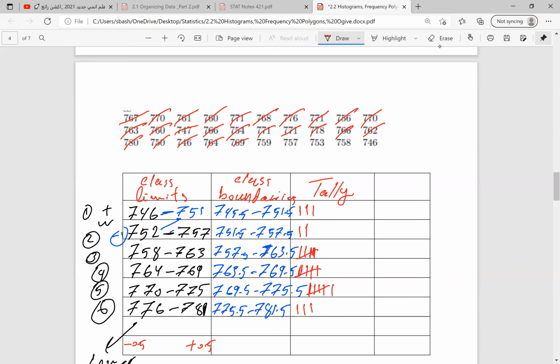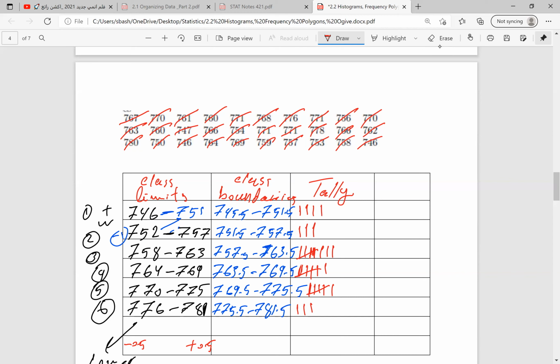And 69, it is in the fourth one. 59, the third one. 57, also the third one. 53, it is in the second one. 58, it is in the third one. And 46, it is in the first one.